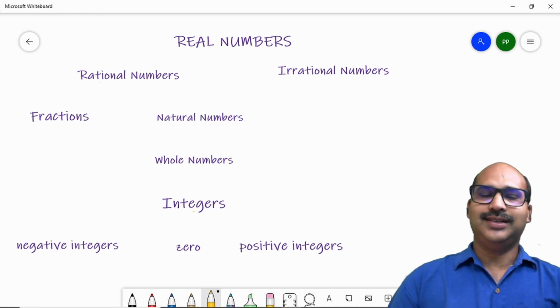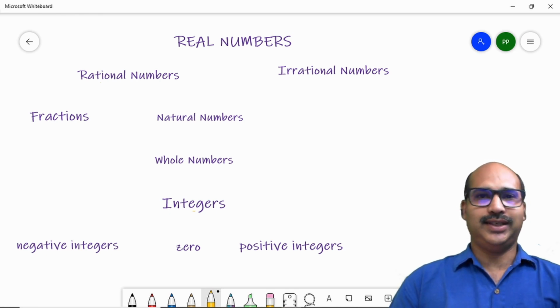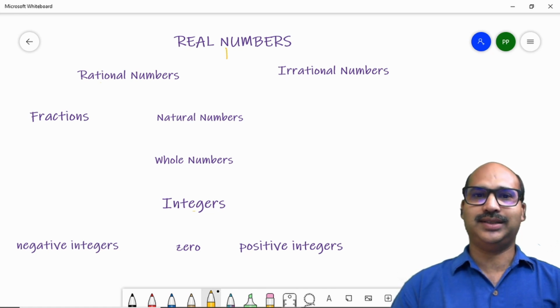Now let us understand about these real numbers. Real numbers are broadly classified into two categories. They are irrational numbers and rational numbers.